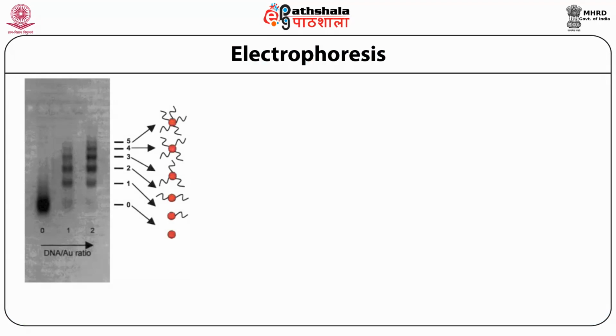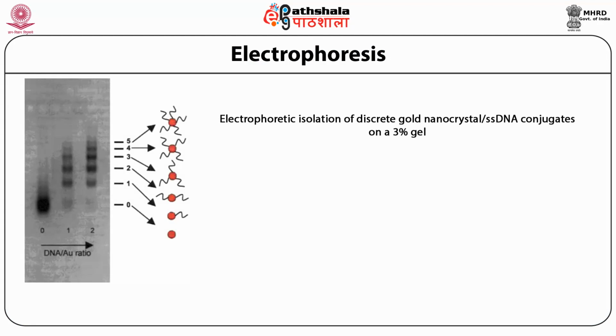So here is shown an application of an electrophoresis experiment. Genshe et al. have performed electrophoretic isolation of discrete gold nanoparticles and single-stranded DNA conjugates. By adjusting the DNA gold ratio, they were able to control the average number of DNA strands per particle, but there would always be a distribution of oligonucleotides present.